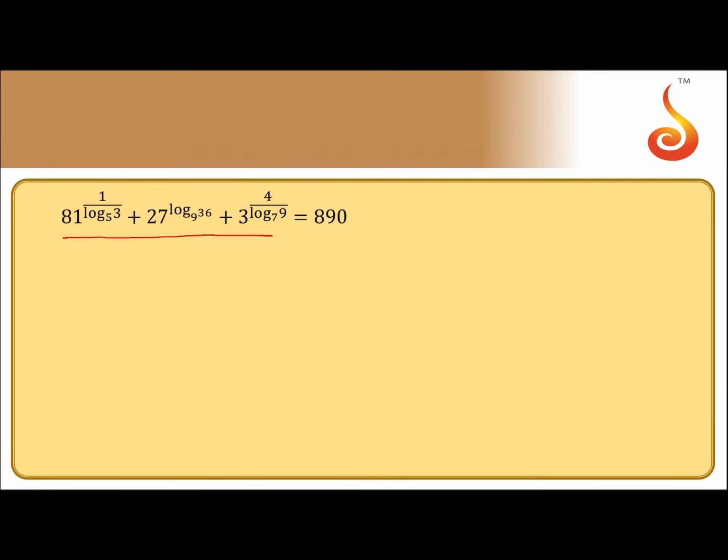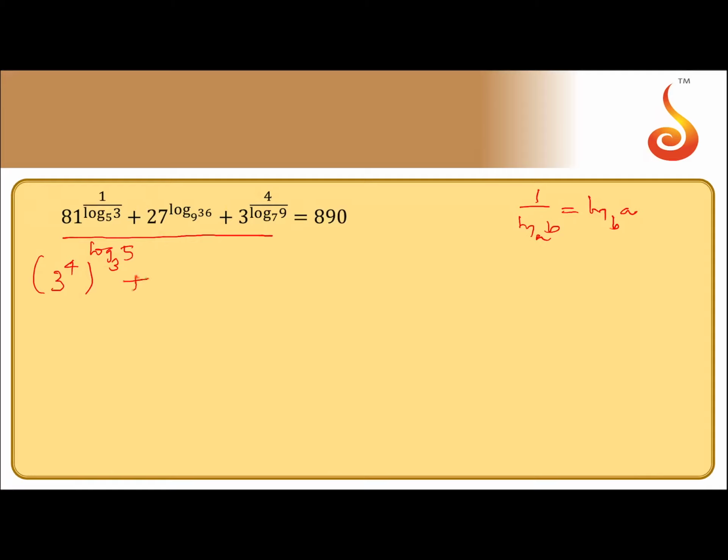Okay, let me simplify. 81 to the power of 1 by log 3 to the base 5 can be written as 3 power 4 to the power of logarithm of 5 to the base 3, since 1 by log b to the base a can be written as log a to the base b.